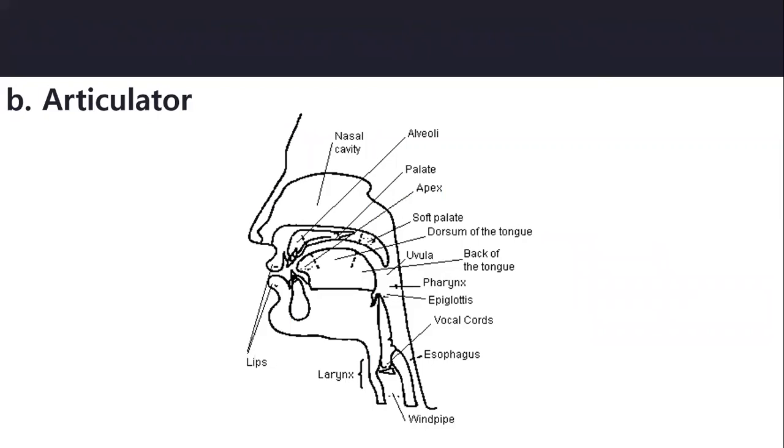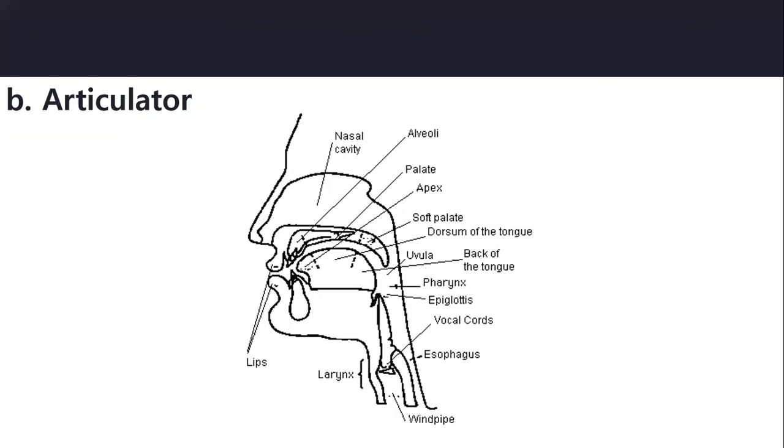As for the articulators, or organs of speech, they are the organs that help us push the sound, constrict the sound, contract the air, and make specific sounds for specific letters or words and pronunciations.